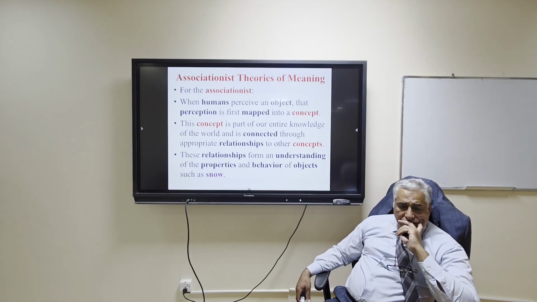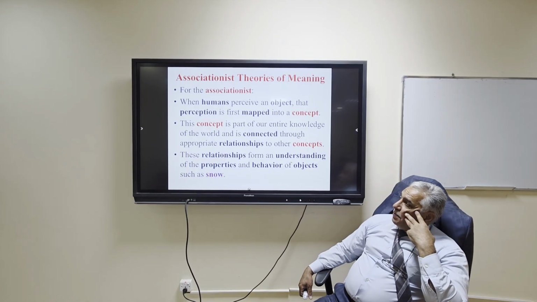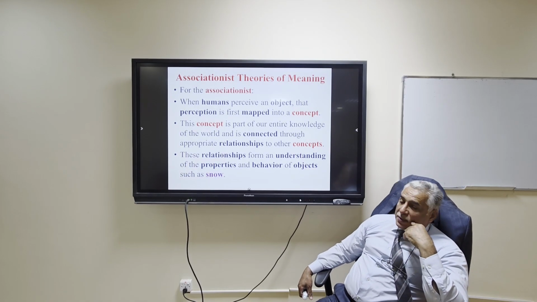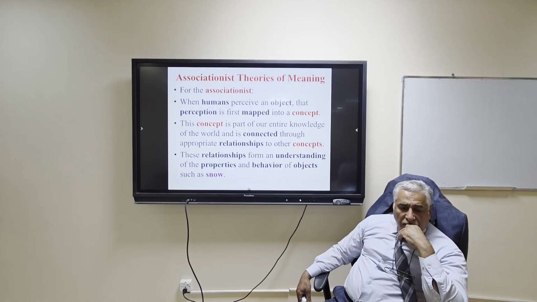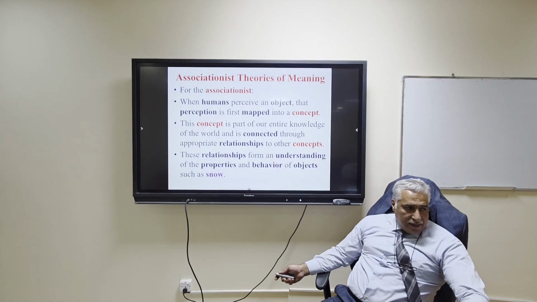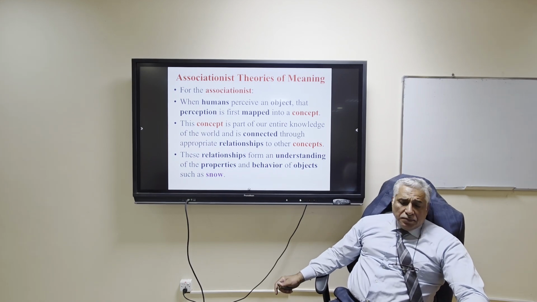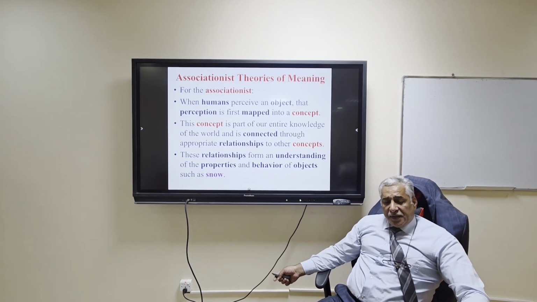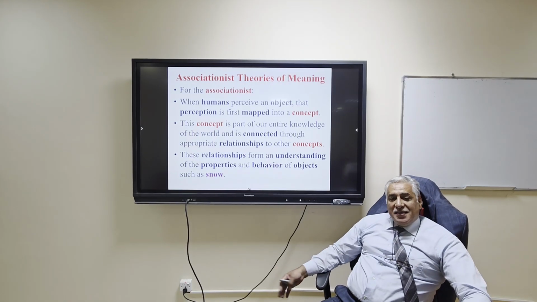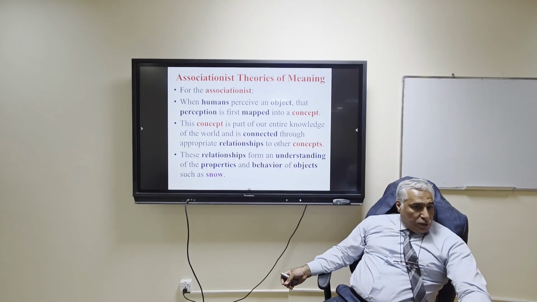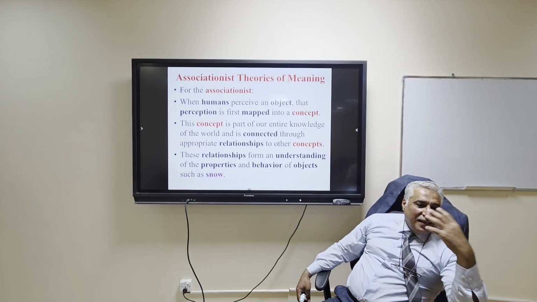For associations, when humans perceive an object, that perception is first mapped into a concept, and this concept is part of our entire knowledge of the world and is connected through appropriate relationships to other concepts. These relationships form an understanding of the properties and behavior of objects such as snow. After connecting the concepts using nodes and arcs, I get a figure like the snow one.